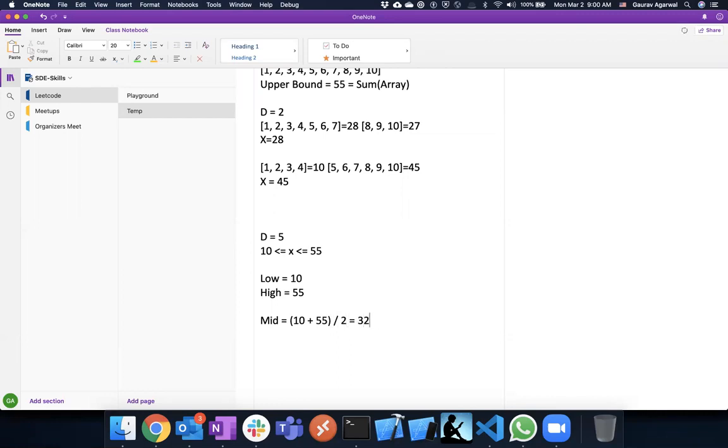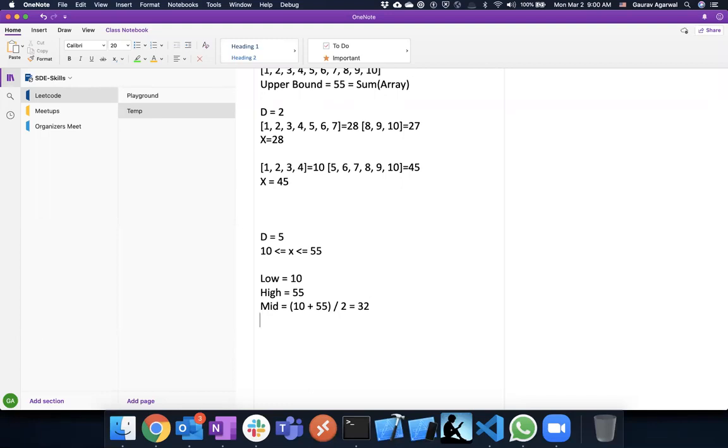Okay, it's 32.5, but we will ignore the decimal, it's 32. So what we are saying here is we will have a ship with capacity 32.